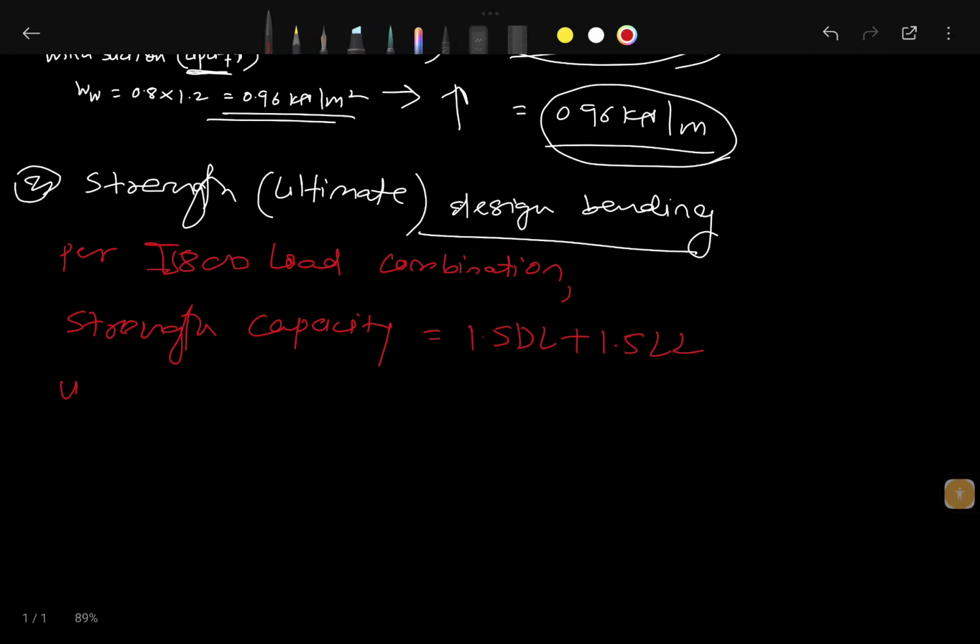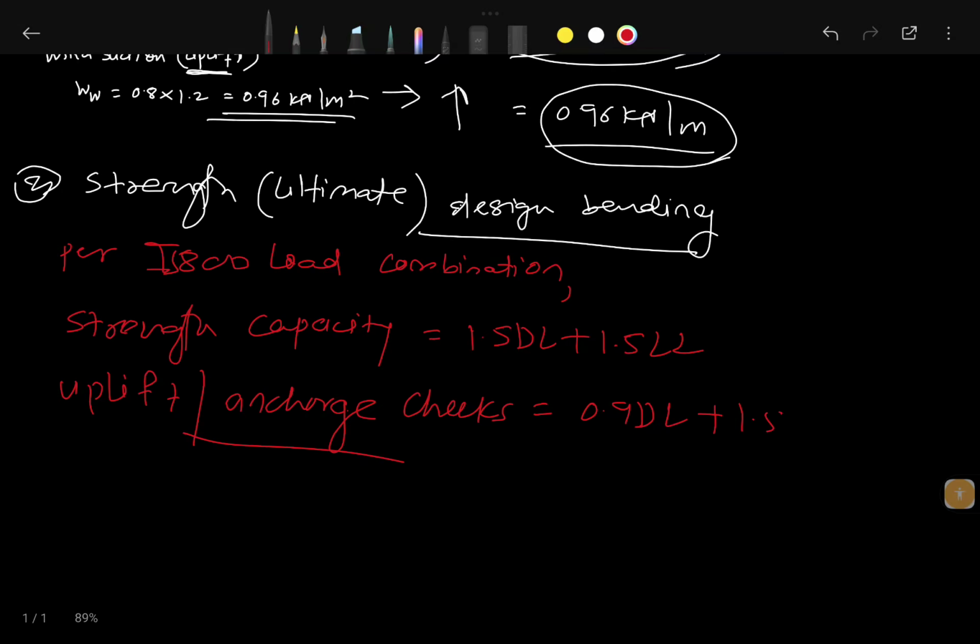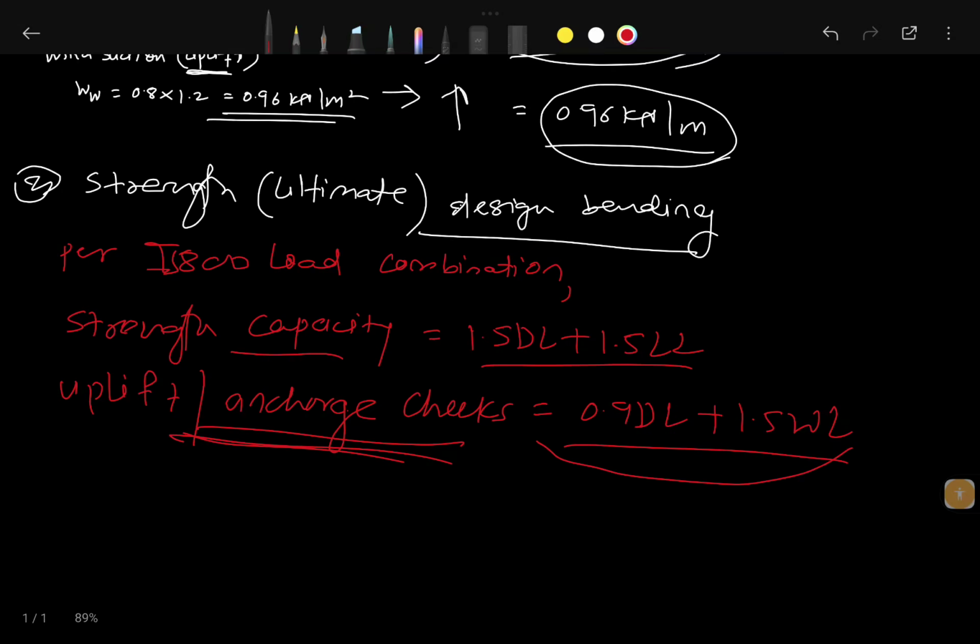Or for uplift or anchorage check, we use the load combination 0.9 dead load plus 1.5 wind load. So these two factors are different. This is the strength capacity and this is the uplift capacity with respect to these combinations.